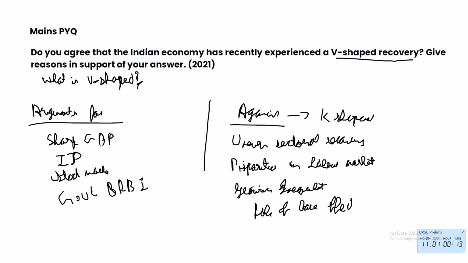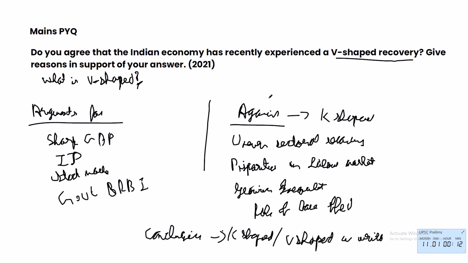So we should write arguments for and against as reasons to support our answers, and conclude accordingly. Like we can conclude that it worked as K-shaped recovery or V-shaped recovery depending upon the arguments you write.